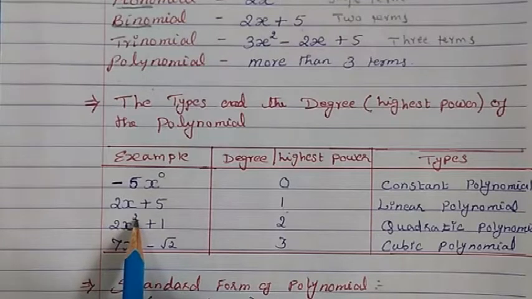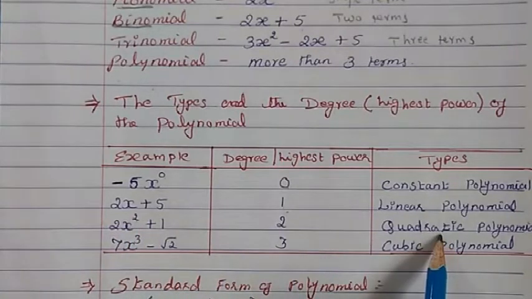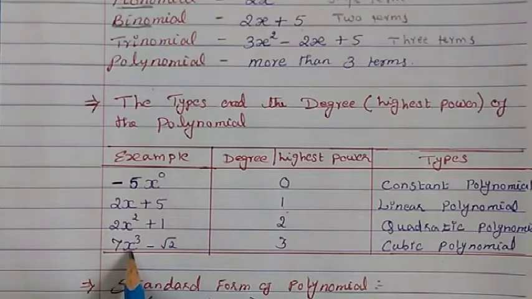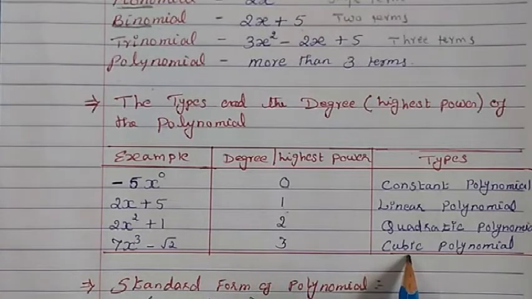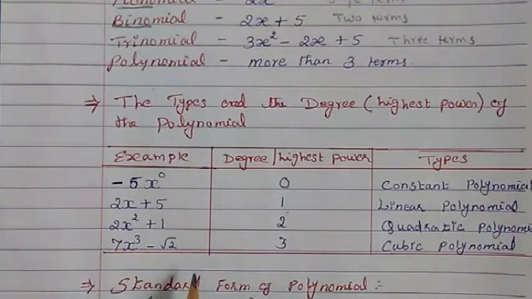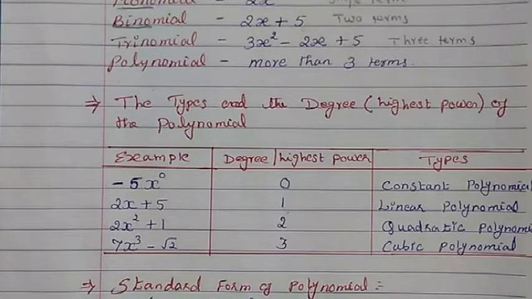So when the variable's highest power is 2, it is known as a quadratic polynomial. Now here the variable's highest power is 3. So when the highest power is 3, it is known as a cubic polynomial. I hope this part is clear to you. You have to see the power for variables, not for the numbers.